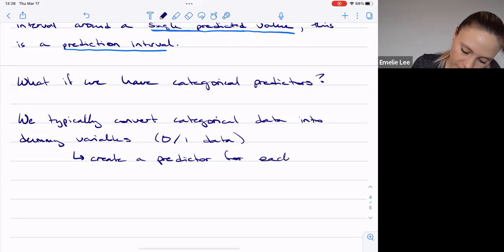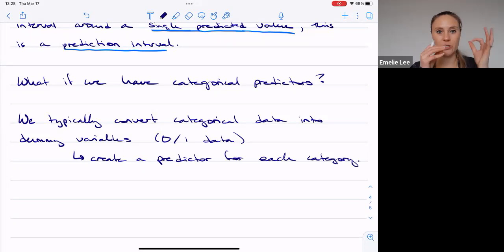Then you're going to have a series of on-off switches for each predictor to indicate which category it's in.